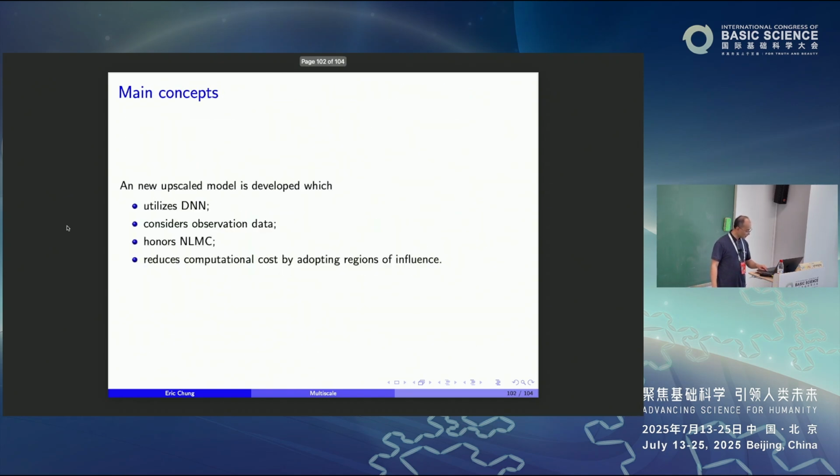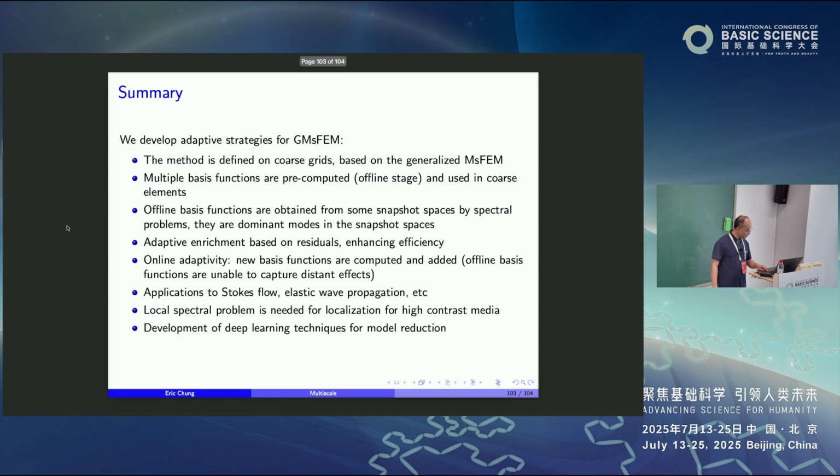That's the conclusion, and here is a quick summary. What we do is that we try to solve some PDEs that contain heterogeneous coefficients. And then we try to construct a small dimensional space that can approximate the original solution well.